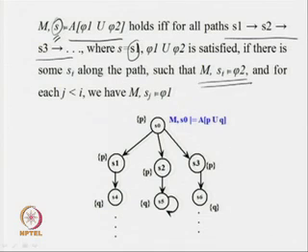That means, we get some state S i where phi 2 is true, and for each j less than i, we must have M, S j models phi 1. That means, phi 1 must be true in all those states S j.